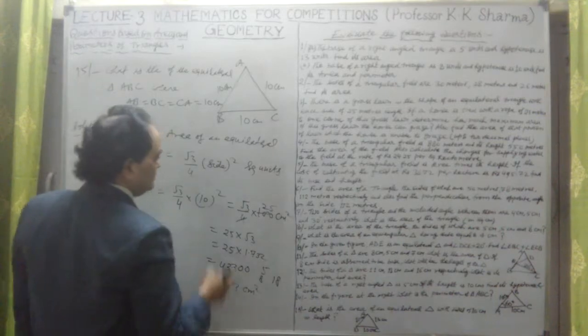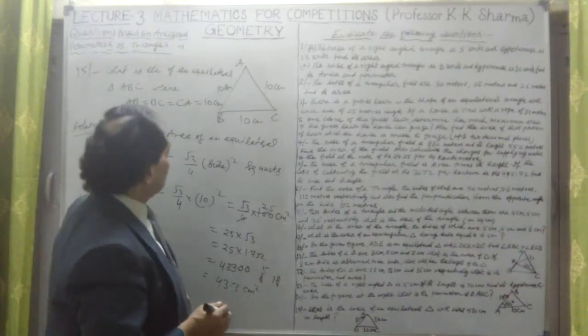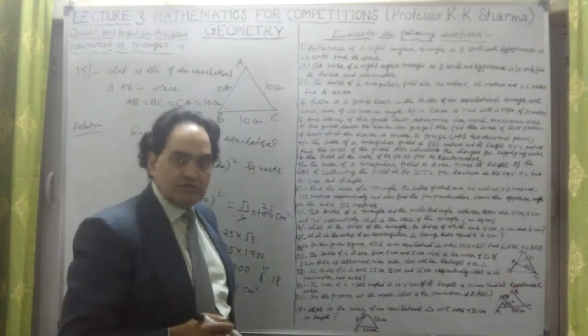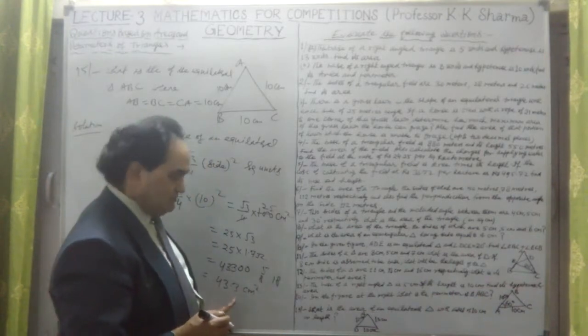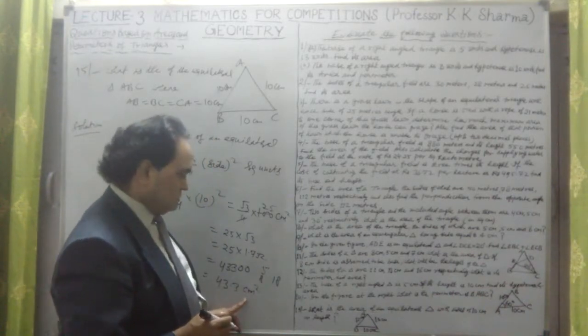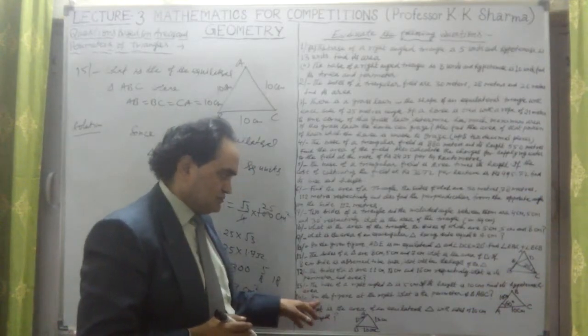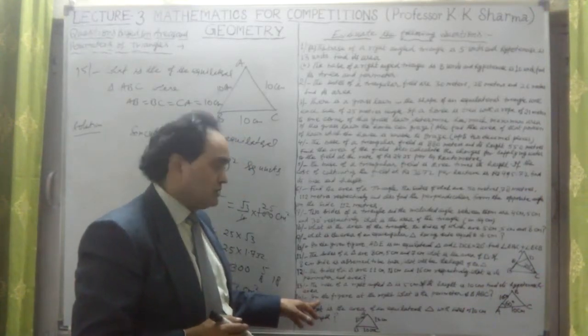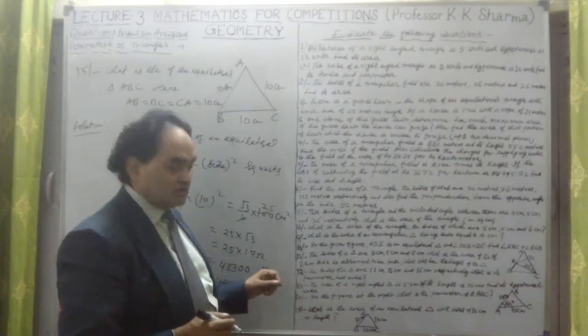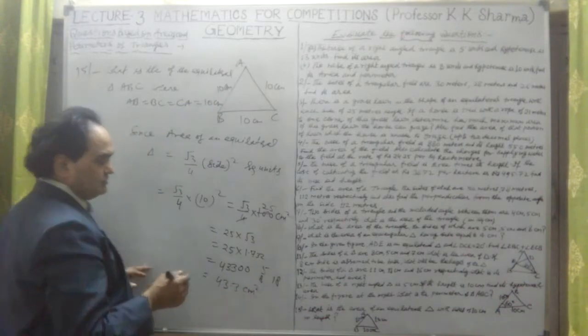This is the area in this case. The area of this equilateral triangle is 43.3 square centimeter. I think this is the area of question number 14 also. In the 14th question also we have sides of 10 centimeter each, which means that is also an equilateral triangle of the same side, 10 centimeter.